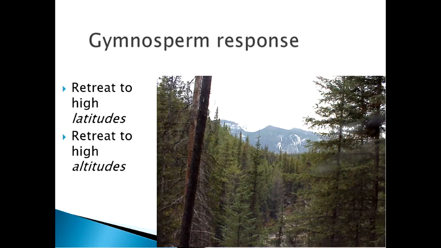What is the evolutionary response? What happens with gymnosperms, pines and things like that, is that they retreat. They're no longer dominant globally. They become only present and dominant at high latitudes, so the farther north or farther south you go, or also high altitudes, the higher up you go on mountains. What would be the response of dinosaurs to this?